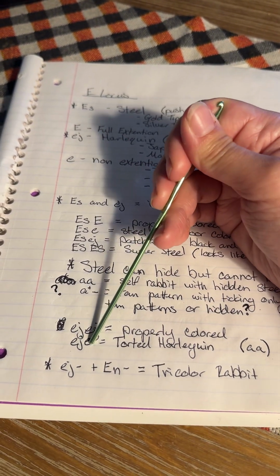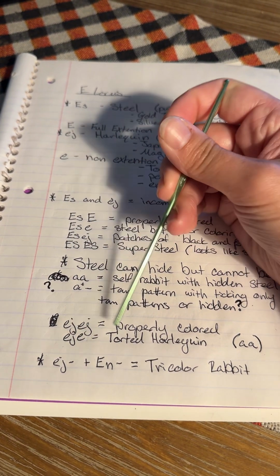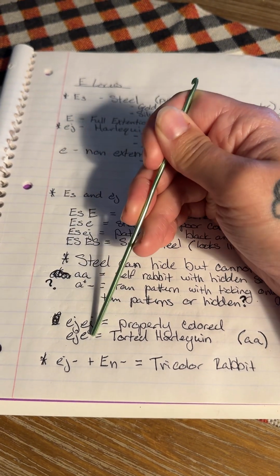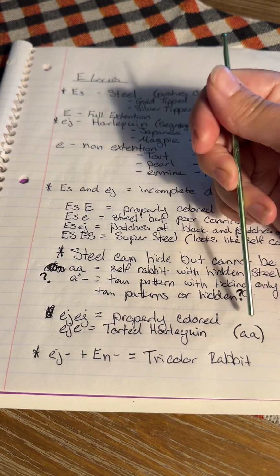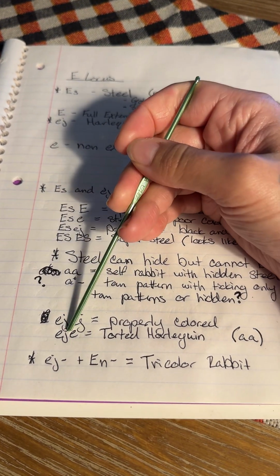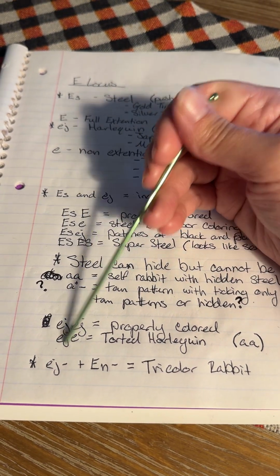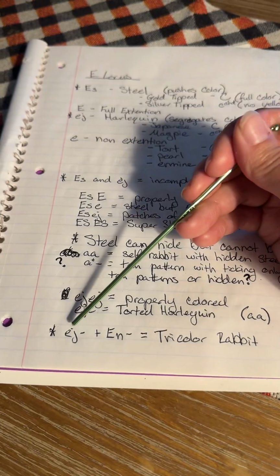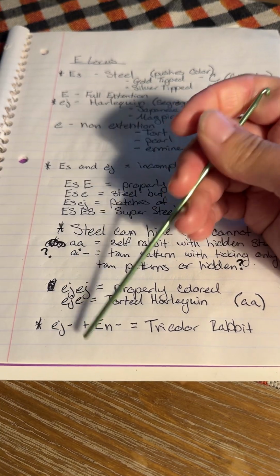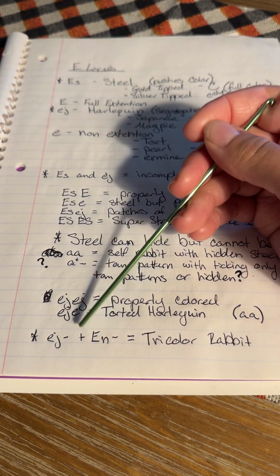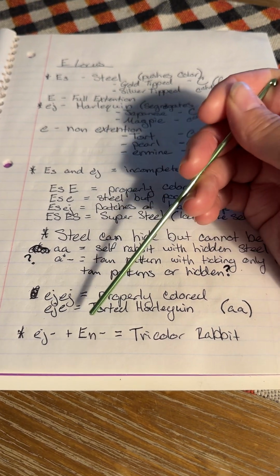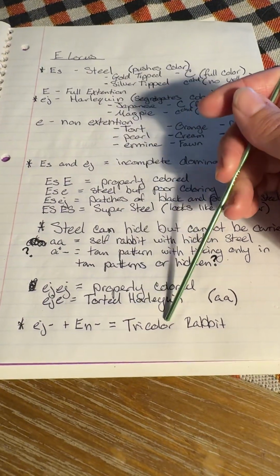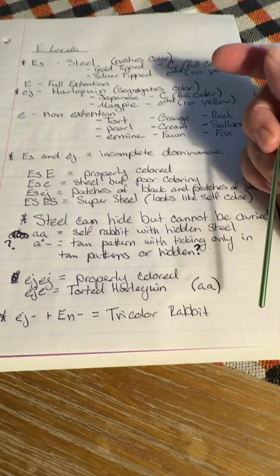If it is an EJe with agouti on the A locus, this will not show up. But if it is self-colored with non-extension and Harlequin, you will get a torted Harlequin. And then also, I just want to point this out, EJ, the Harlequin gene, plus the broken gene is going to give you a tricolored rabbit. This is a rabbit that looks kind of like a calico cat.